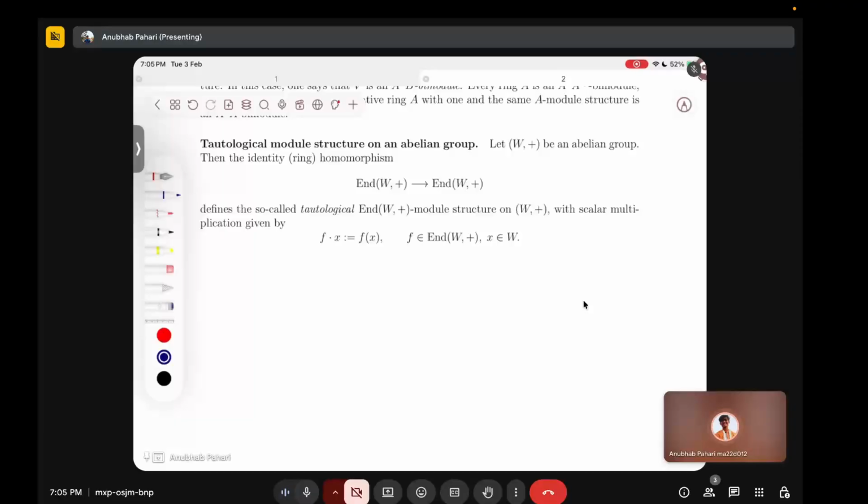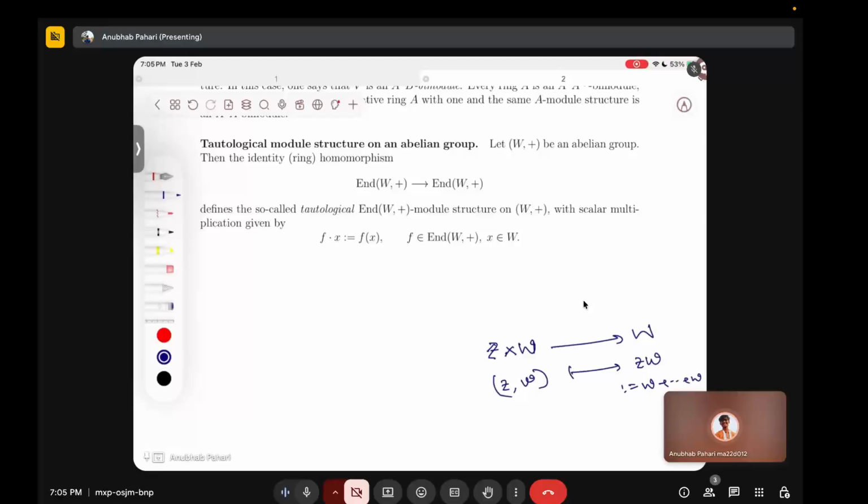Because it is an abelian group, there should be an action of Z on W, so (z, w) should go to z·w. Since there is a group operation in W, you can write this as w plus w, z copies. So it has a natural Z-module structure.